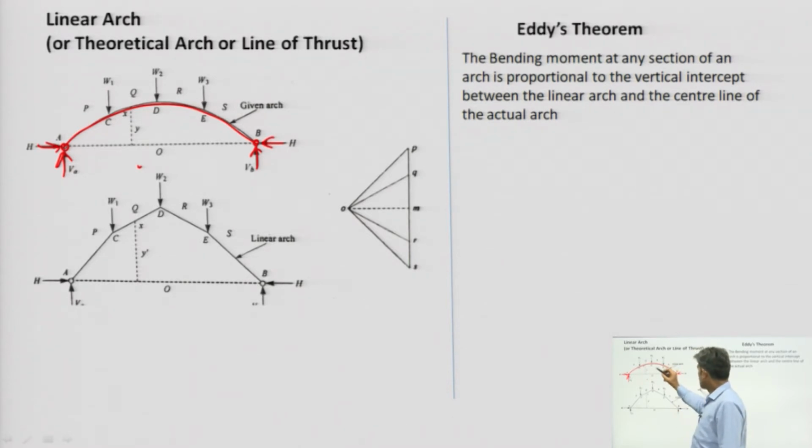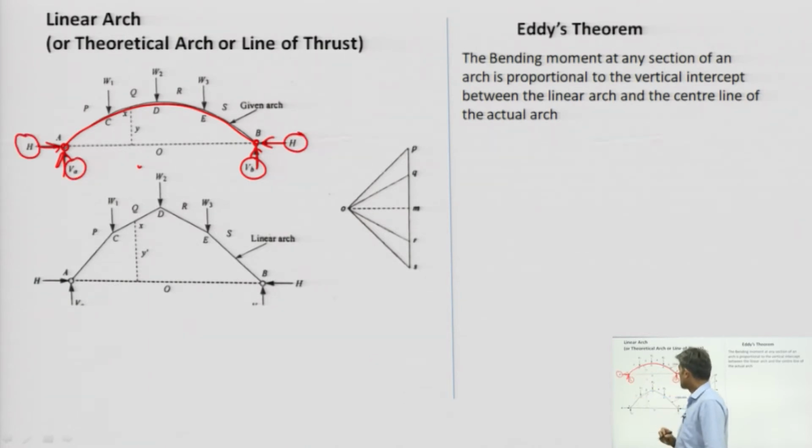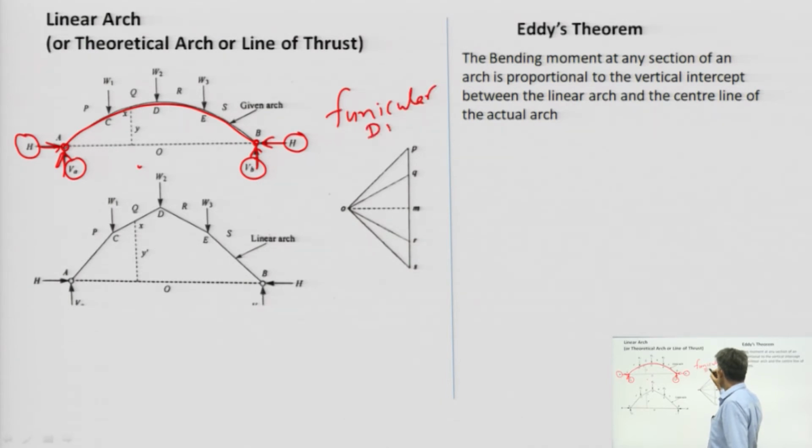If we are able to calculate VA, VB, H, then we can make the linear arch with the help of funicular diagram.